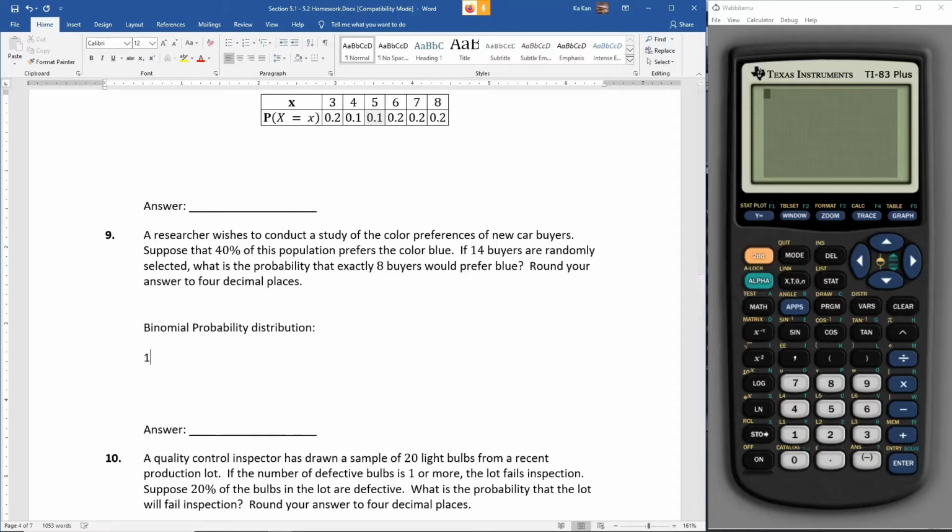What are those 3? First, you have to have a series of true or false, success or failure experiment.